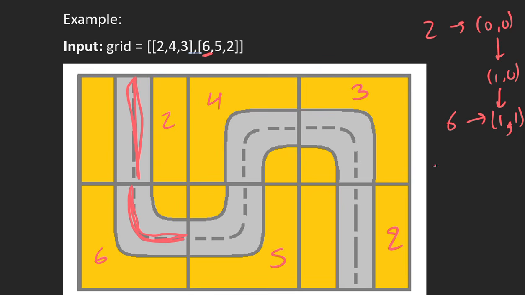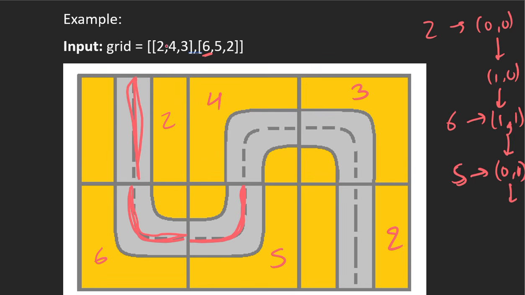At 1 comma 1 we have 5. 5 will connect the left cell to the upper cell. So if we move in the up direction, we can go to 0 comma 1.